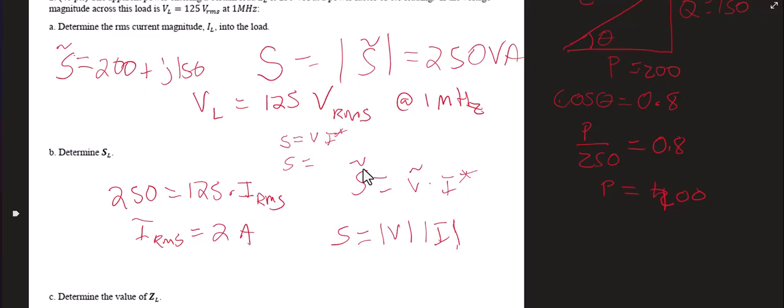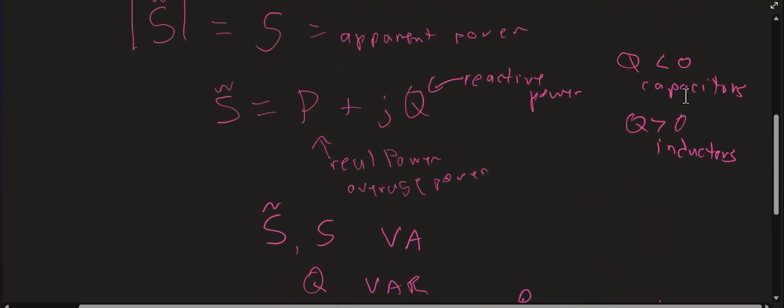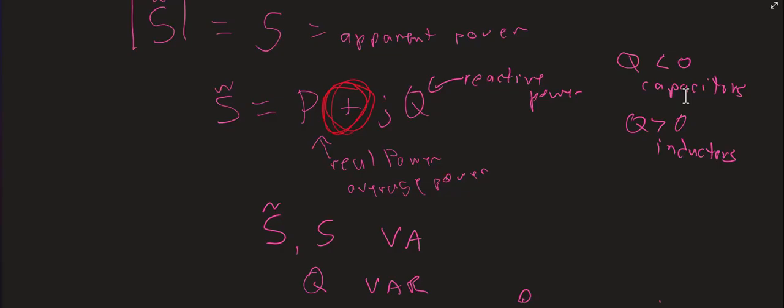So does anybody who was raising their hand a minute ago still have a question? Yes? The imaginary part's supposed to be negative because it's leading. The imaginary part is supposed to be negative because it is leading. That was the last piece of information that you need to know besides the things that I told you: you don't know if that's plus or minus until they tell you, because the inverse cosine of 0.8 gives you a positive number on the calculator, but the negative angle has the exact same cosine.